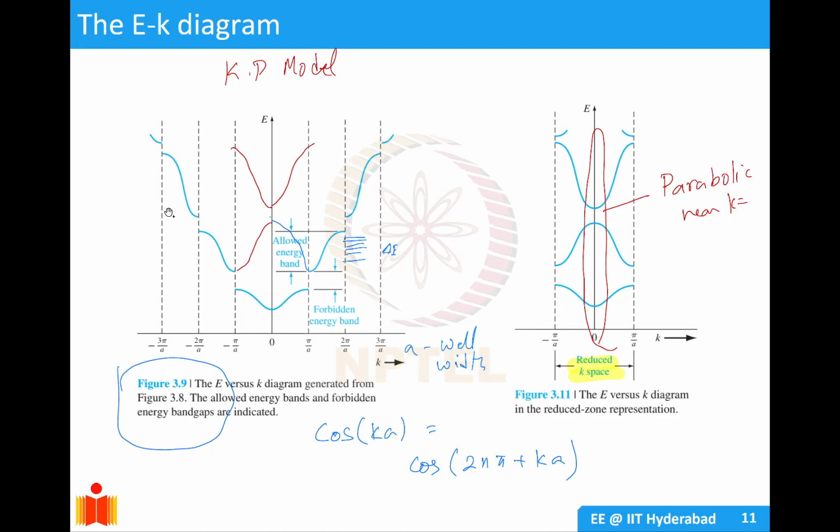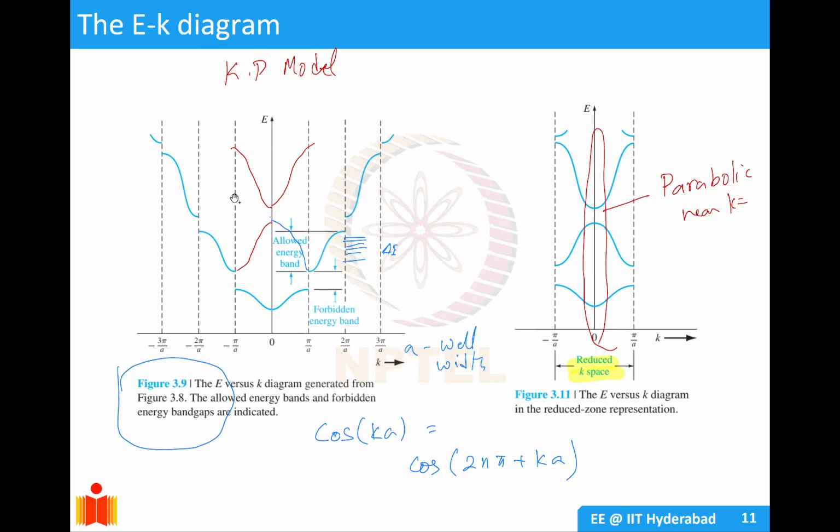But we know that all the barriers are periodic in nature, so we can plot everything in the first potential well region. By applying periodic boundary conditions, we can shift this to here, and shift this to here.